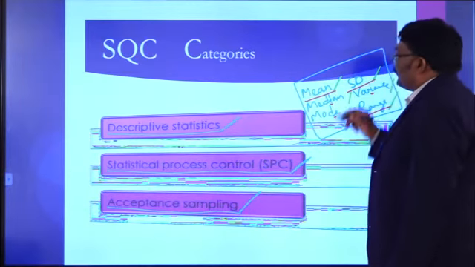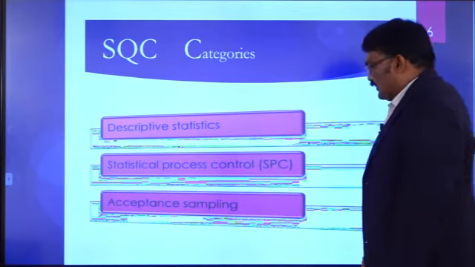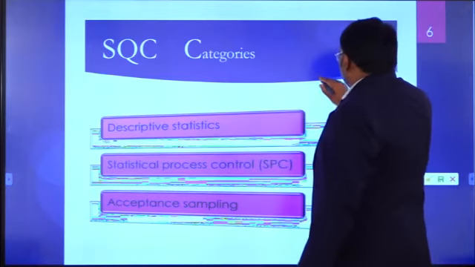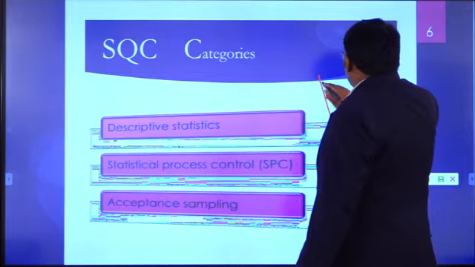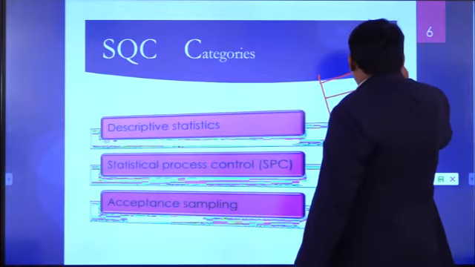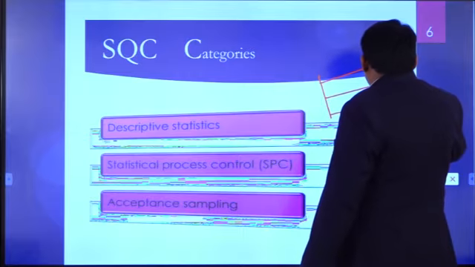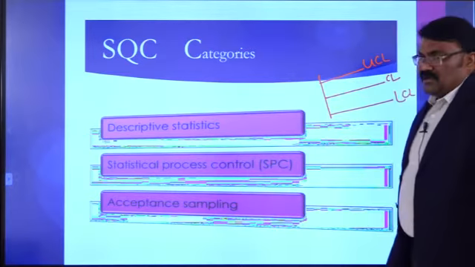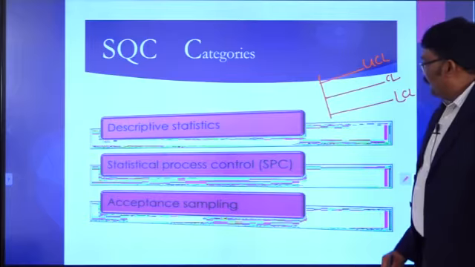Now, after we do this, then statistical process control will come into play. That is, statistical process control will identify the limits: the upper control limit, the lower control limit, and the central limit.